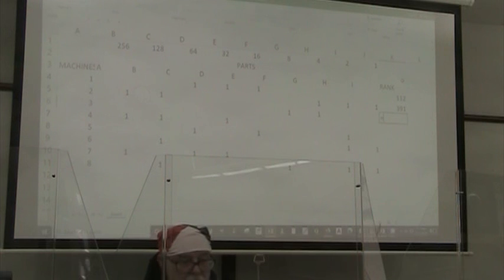For machine number 3, it's an 8 and a 4. For machine number 4, it's a 256 plus a 128 plus a 32.